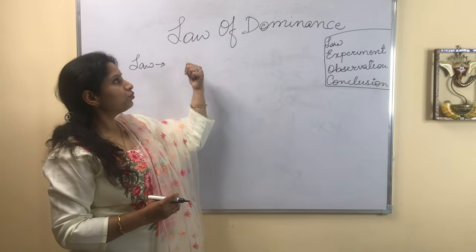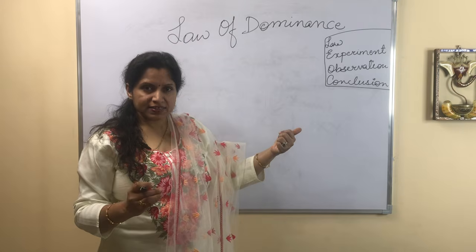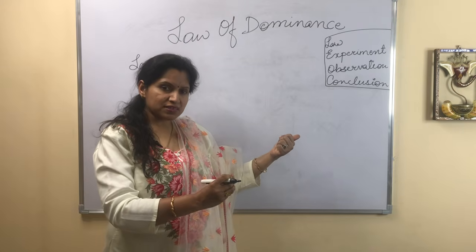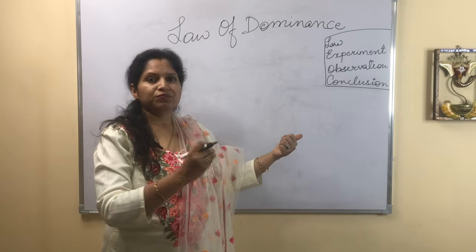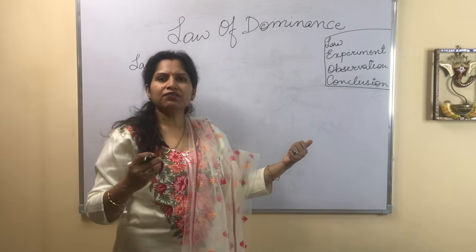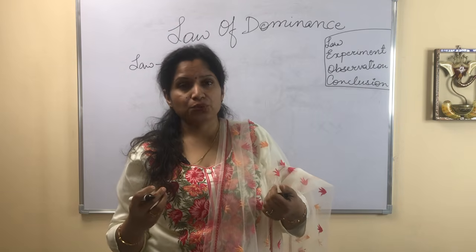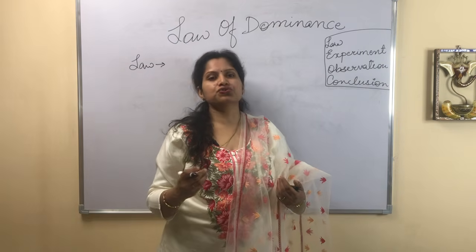So according to the law of dominance, Mendel explained that the traits which are able to express themselves always are known as dominant traits, and a trait which is not able to express itself in the presence of another trait is known as a recessive trait.